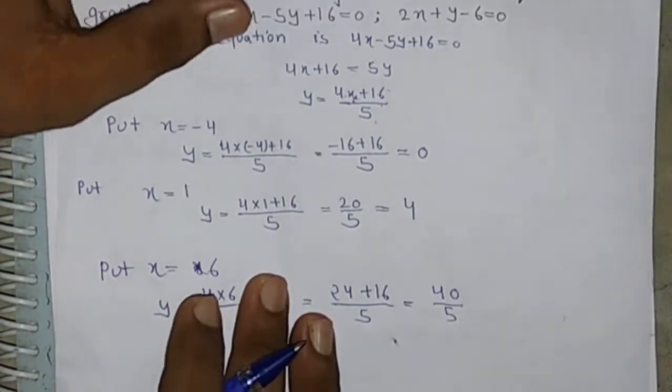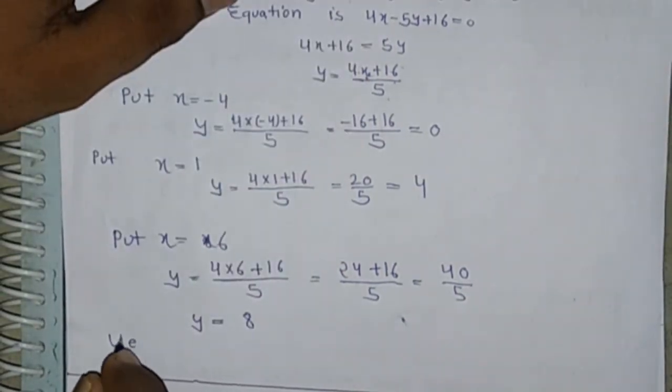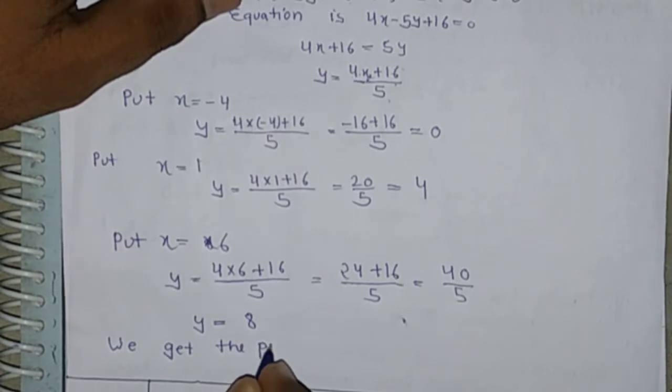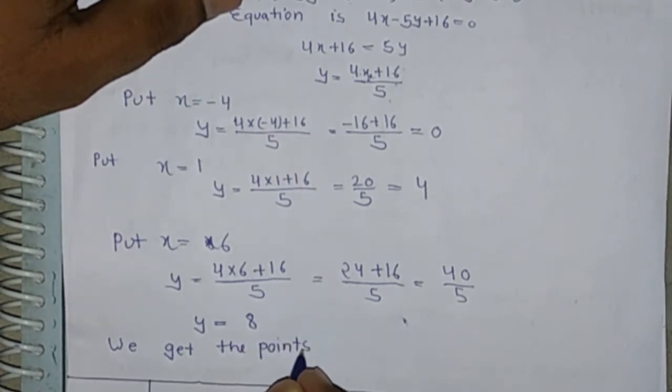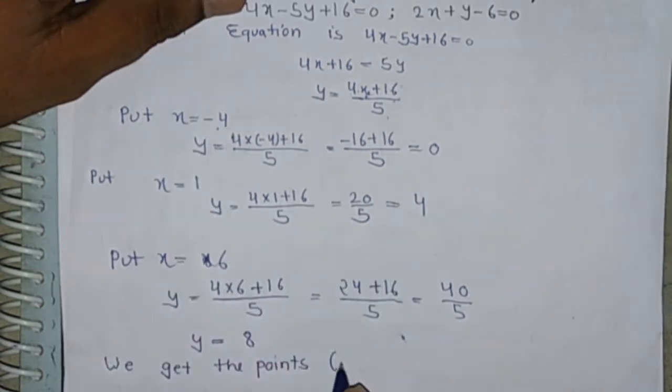Means we get the points minus 4, 0; 1, 4; and 6, 8. They represent x and y.